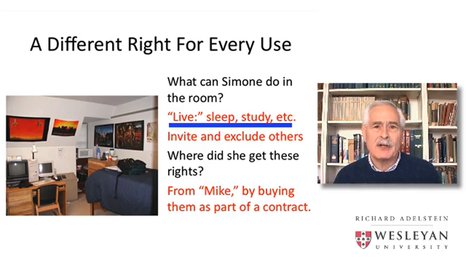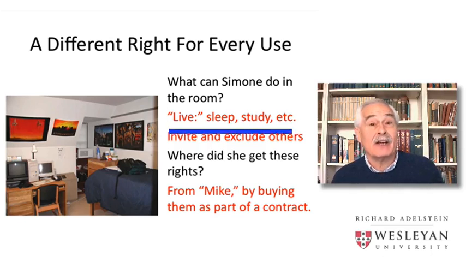She can sleep there, study there, talk with her friends there, and, as you can see, use her computer. There seems to be a microwave in the room. She can use her little television. She can do all sorts of things in the room that are associated with living in it.